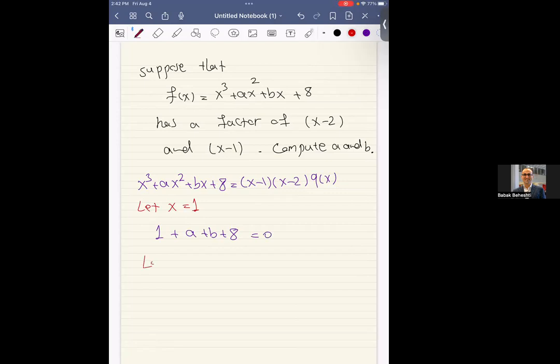Now let x equal to 2. On the left-hand side, you have 8 plus 4a plus 2b plus 8 equal to 0. Two equations with two variables. Grade 9 math. Find a and b.